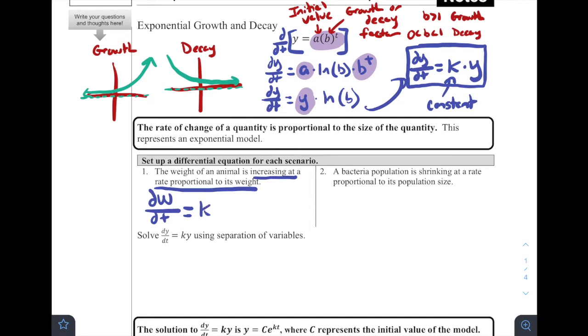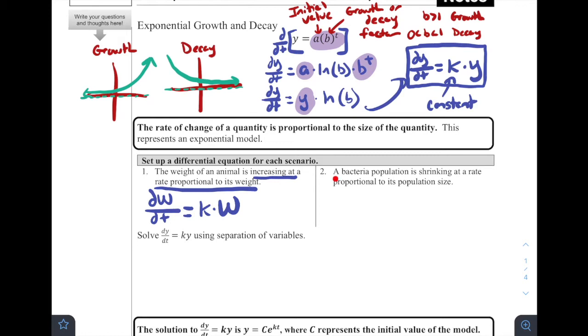It's proportional to its weight, so k times w in this problem. Now, we don't have enough information here to go any further than this, but I do know, just based on what they told me, that this would model the situation because it's the rate of change of the weight with respect to time, and it's proportional to the weight, so some k value times the weight.